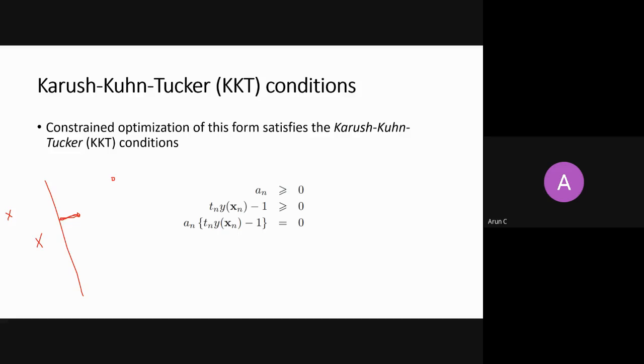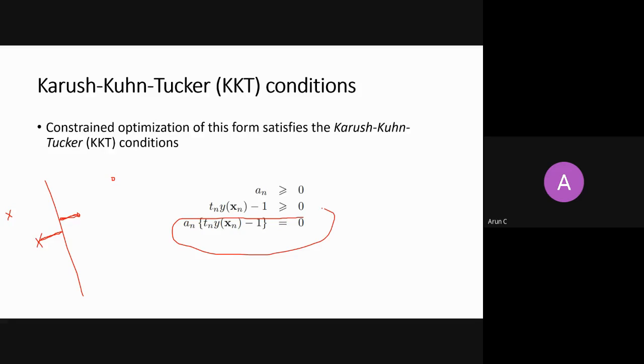With respect to this nearest point, I am maximizing my margin. Then my constraint is active, which means the scaled perpendicular distance is equal to 1.